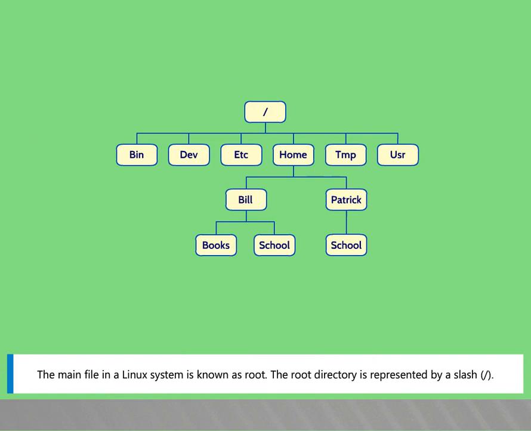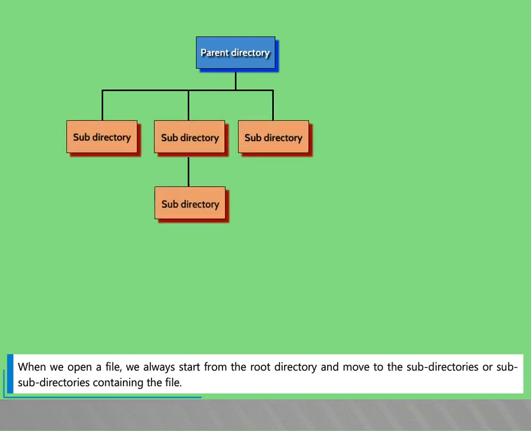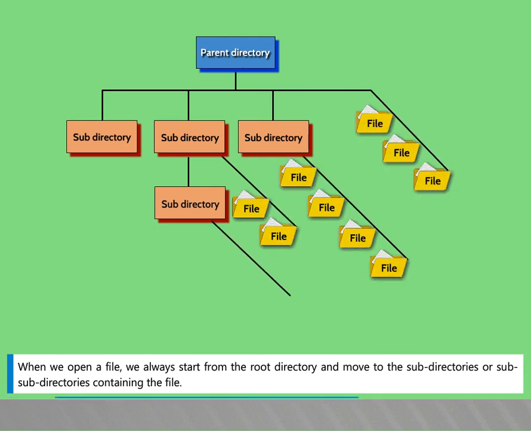The main directory in a Linux system is known as root. The root directory is represented by a slash. When we open a file, we always start from the root directory and move to the subdirectories or sub-subdirectories containing the file.